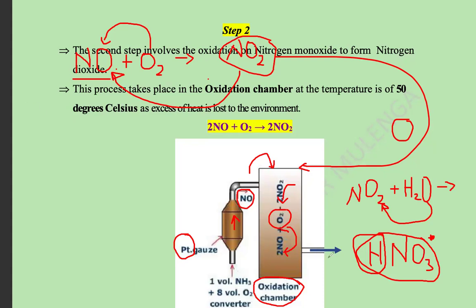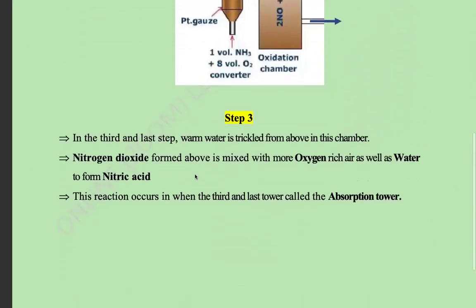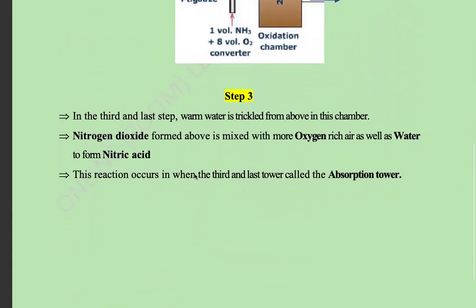So right from this reaction, we can see the arrow shows that we are still going to the third reaction. Here, the only thing that passes over to the next chamber is actually nitrogen dioxide. Okay, so the third step is going to have the completion of every process. In the third and last step, the water is still in a vaporized state.